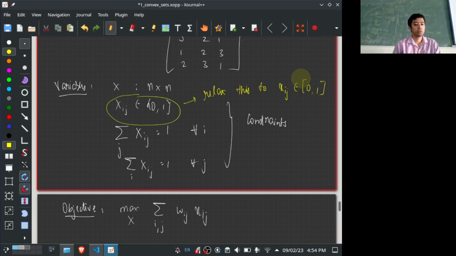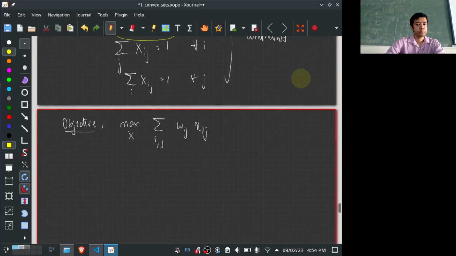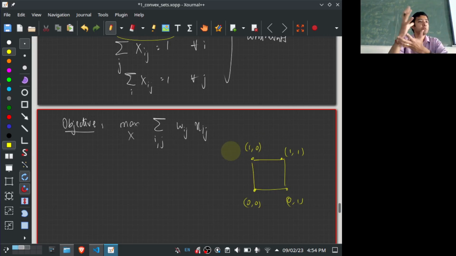So for example, let's just take a 2x2 case, not this problem. Take x comma y, and these are the vertices of the unit cube: 0, 0, 0, 1, 1, 1, and 1, 0. I want to basically solve some optimization problem on the vertices.